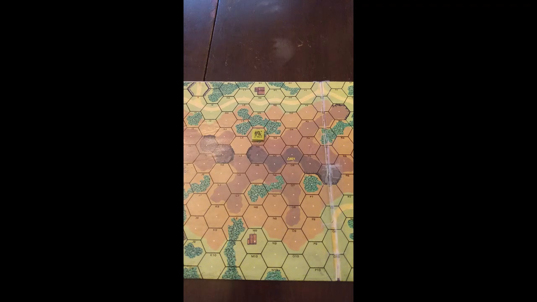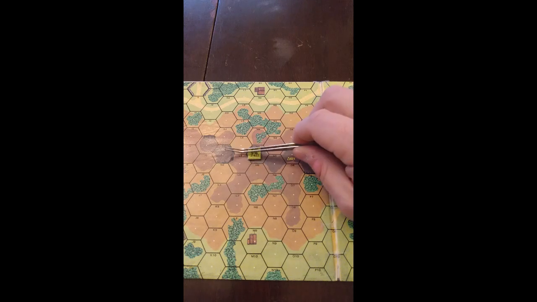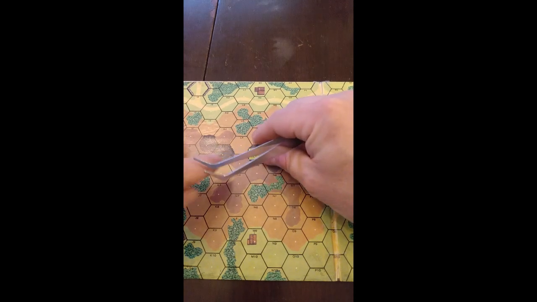Okay, so to move us from M4 here in the woods, say we want to get to M8. How many movement factors is that going to require? We're in this woods, and we're going to enter this hex here. We have to go up 1 level, so that doubles the movement factor from 1 to 2.